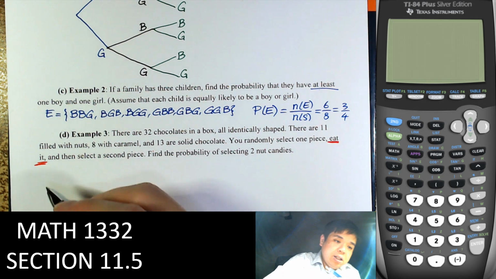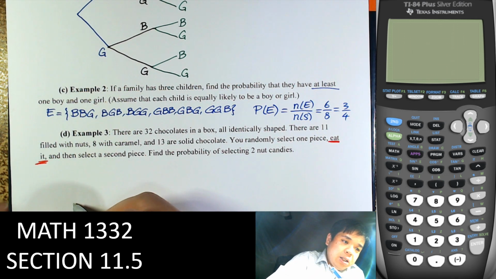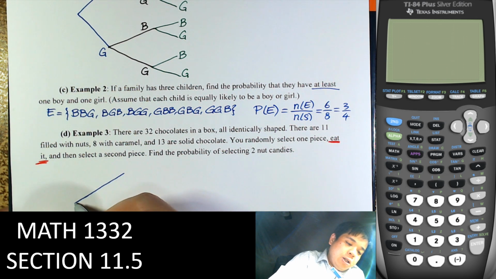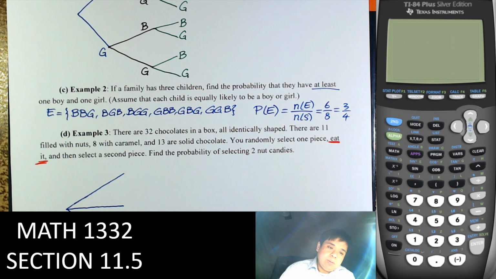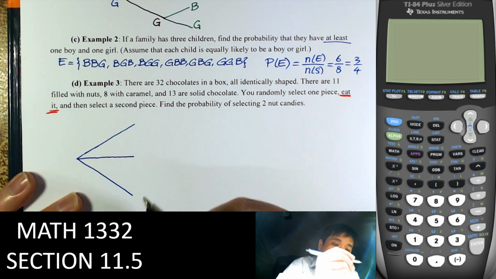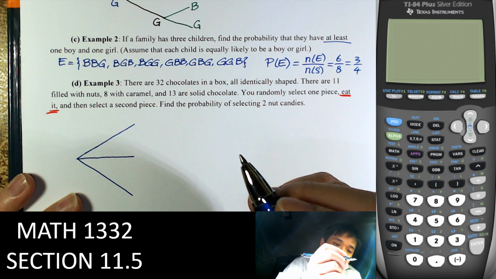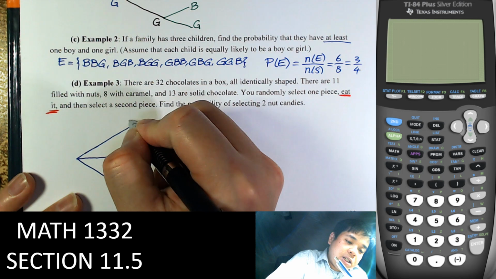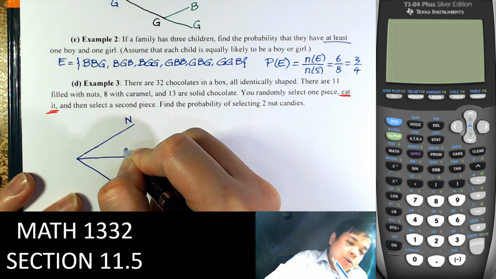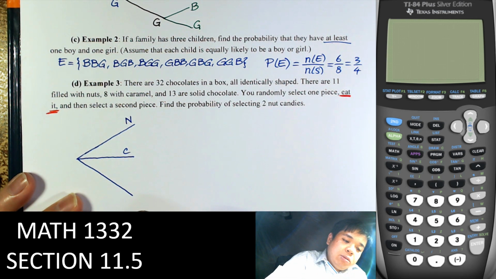So first, there are 11. Let's list the types: nuts, caramel, and solid.